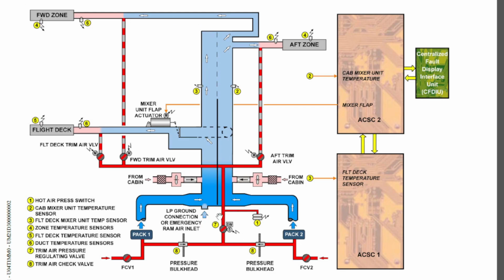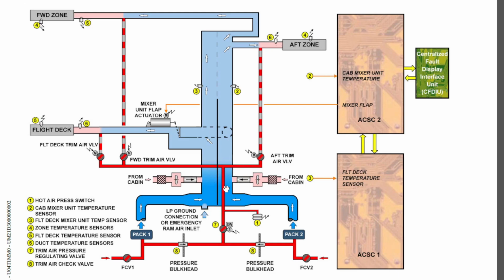So why do you keep it at a higher pressure than the cabin pressure? You can see that the air will be introduced into the ducts. These ducts are connected to the cabin, so the pressure inside these ducts will be the same as what you find inside the cabin. Air will travel from high pressure to low pressure.